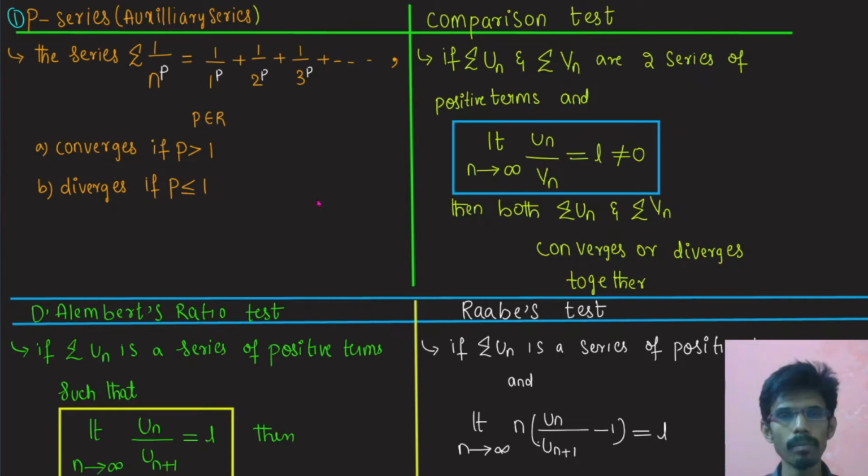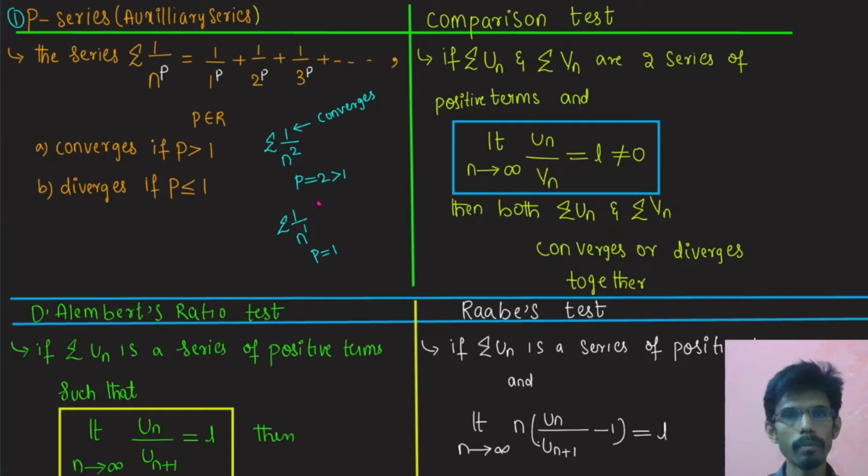For example, if I take the series sigma 1 by n square, here the value of P is 2, greater than 1, so this series converges. Similarly, if I take the series 1 by n power 1, this is a P series with P value as 1.